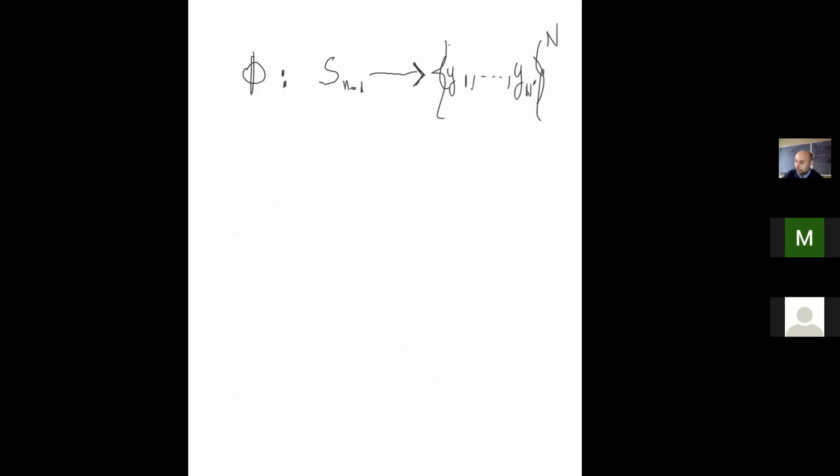Excuse me, teacher. We said that Sn minus 1 has an infinite cardinal number. So the y elements, y1, yn prime, will be infinite too?